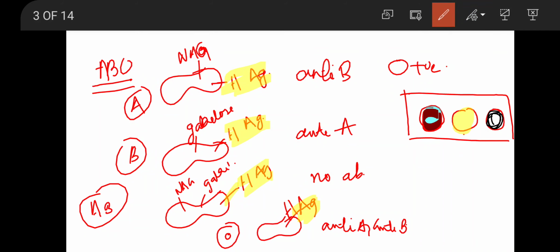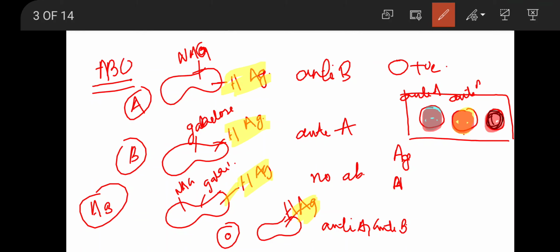So you are adding this blood like this. Here you do not have any antigen. For easy understanding, I am drawing like this. Here what we added is anti-A antibody, blue color, BYG, that is the mnemonic.